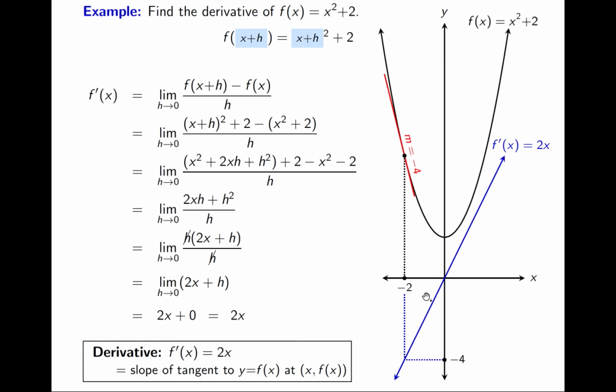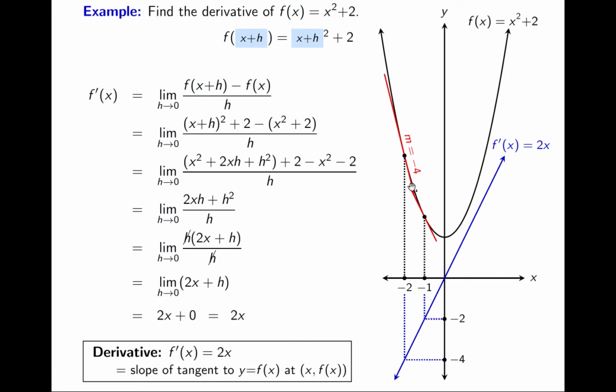Let's take another value of x equals -1, and look at the tangent line above -1, the tangent line to the graph of f. The derivative is going to give us the slope of this tangent line. If you plug -1 into f prime, you get f prime of -1 is 2 times -1. It's -2.